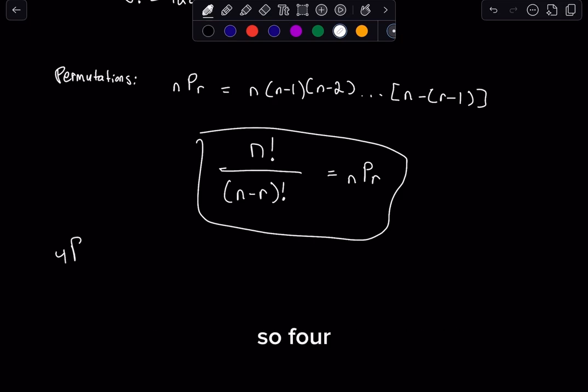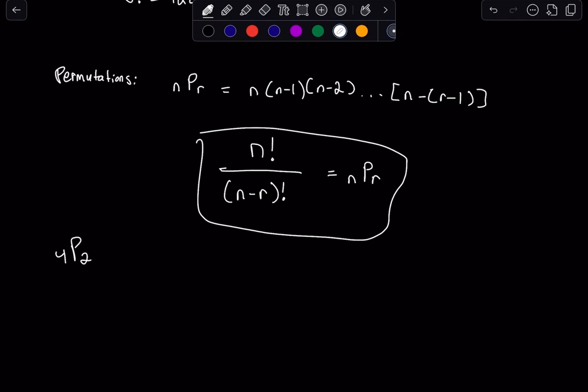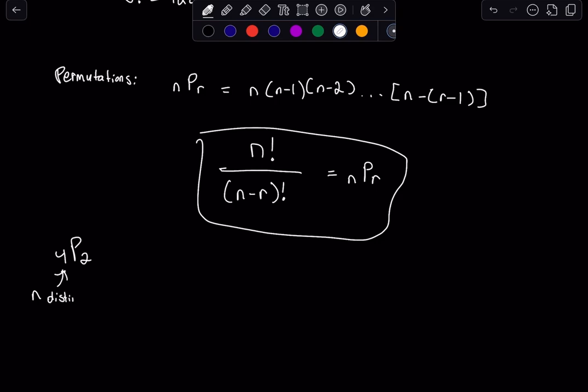So for 4 distinct items taken 2 at a time, this is n, which is distinct items, and this is r.